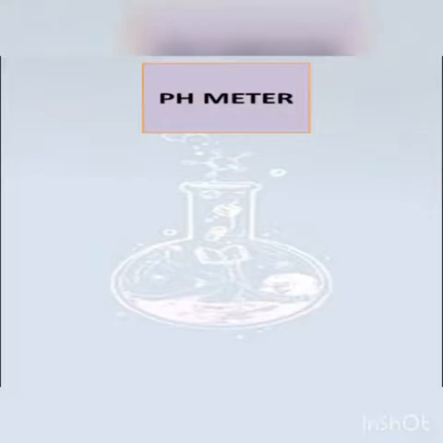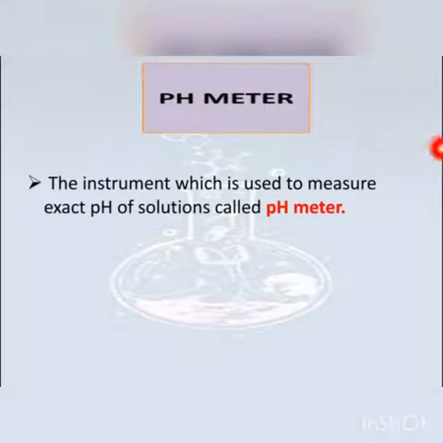Next we study pH meter. pH meter is also used to measure the pH of a solution. The instrument which is used to measure the exact pH of a solution is called a pH meter. Okay, it is also used to measure pH of a solution, but it is a different way from the pH scale.